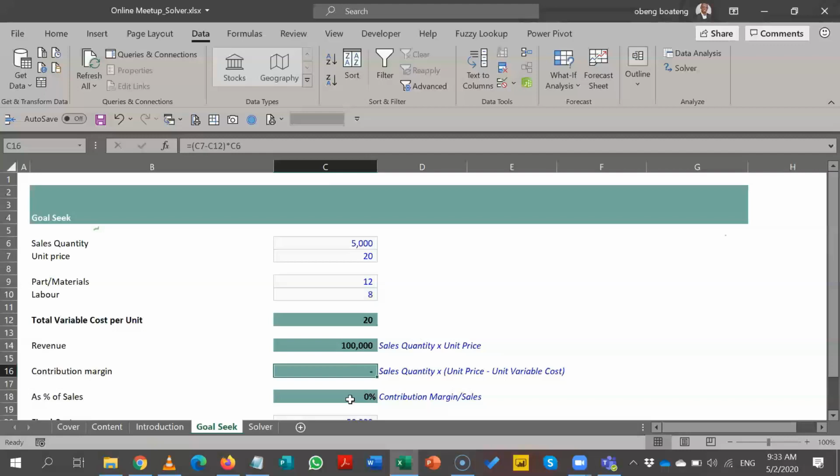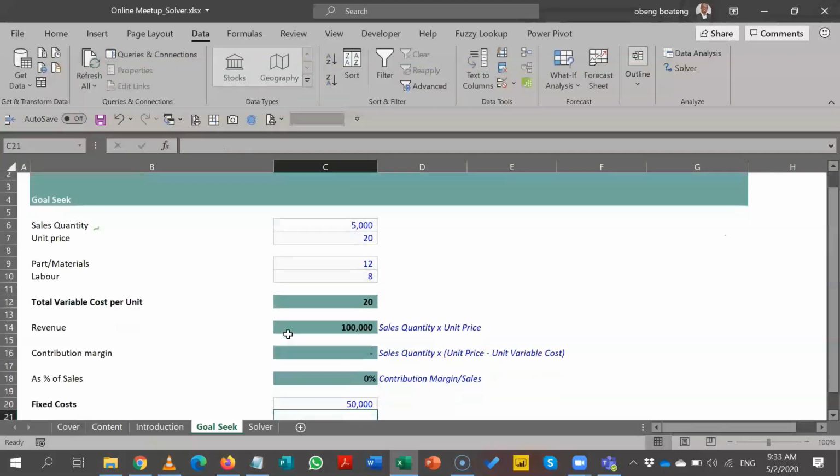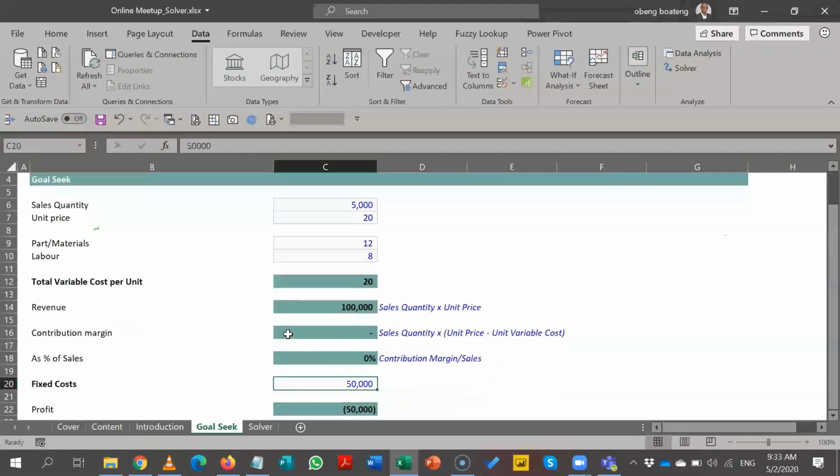Now, what we call profit margin is calculated here, which is your contribution margin over your sales. So currently it is 0%. The list of items or costs that have nothing to do with how many things you produce is fixed cost. You take care of it anyway.